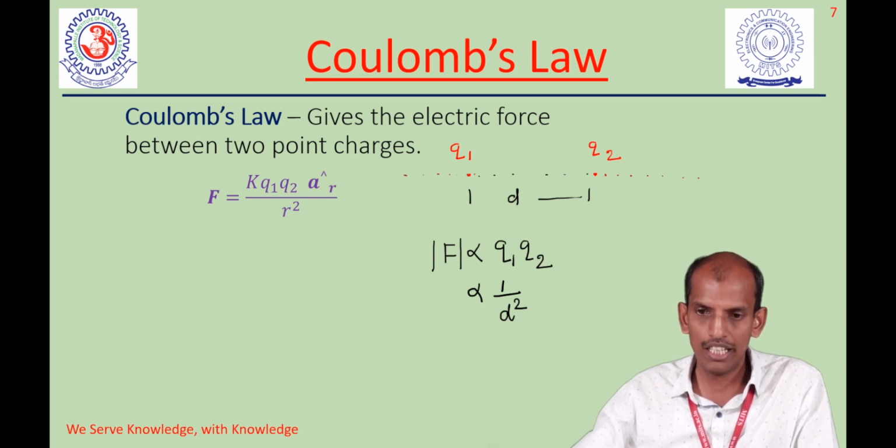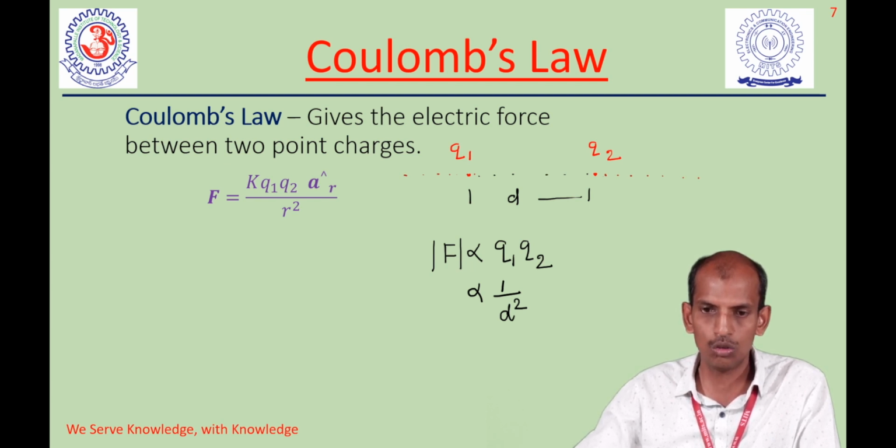So that is why, if r is the distance, the direction is r hat. That's important. So the final expression becomes F equals K Q1 Q2 r hat over r square. The letters which I'm representing in my slide in bold are representing vector quantities.